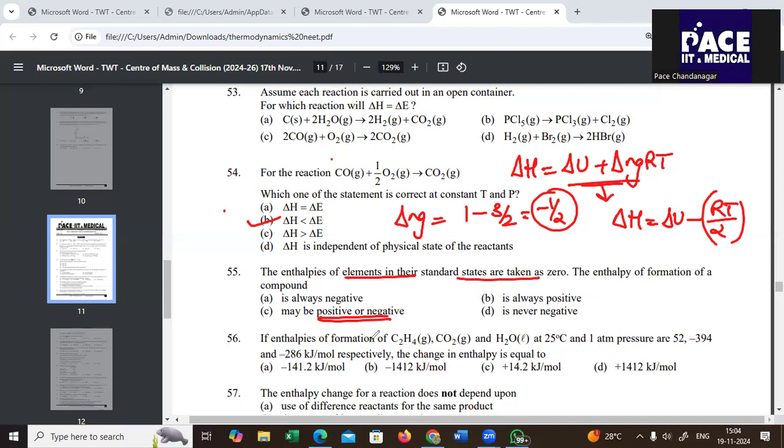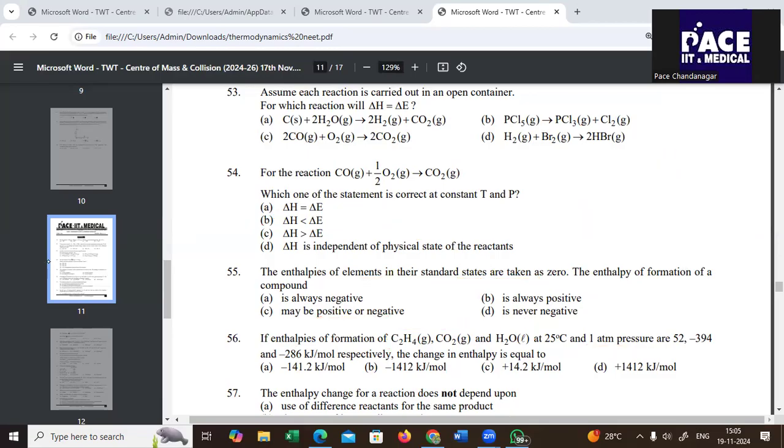Next, the enthalpies of formation of C2H4, CO2, and H2O are all given to you at 1 atmospheric pressure. Please try to get the relation between these numbers. What we have to talk about here is C2H4.